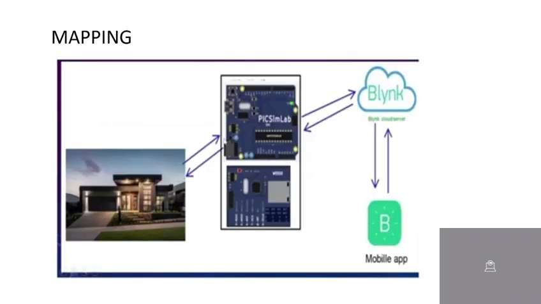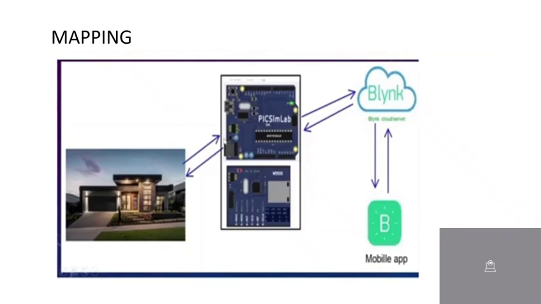Then this is the mapping diagram of this project. Think of this as a home, and this is a Proteus simulator, and this is Ethernet, and this is the Blynk Cloud, and this is a mobile app, the Blynk app. By using the Blynk app, we can control turning on and turning off some systems.